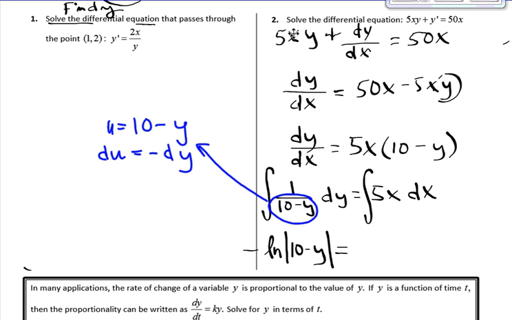And then that equals the integral of 5x, which would be 5 halves x squared, and then I put the plus c here. Okay. And this is actually an acceptable answer for the way this problem is phrased. You don't actually have to isolate the y. But in a lot of questions, we do want to isolate y.